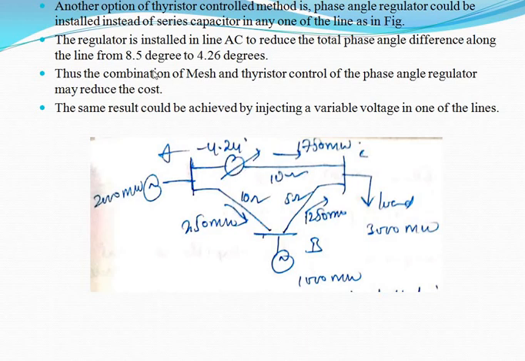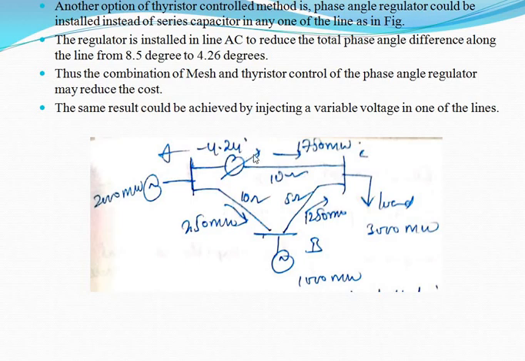If we change this phase angle by this phase angle controller to 4.26 degrees, or depending upon the requirement we can change this phase angle, from 8.5 degrees to less than 8.5 degrees.